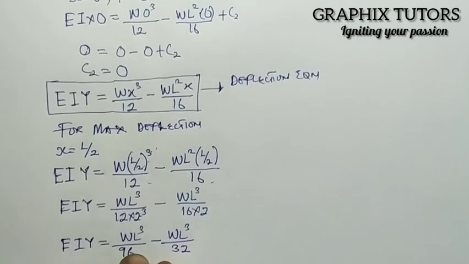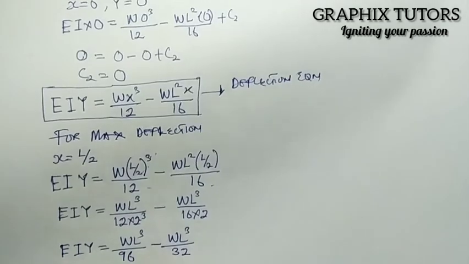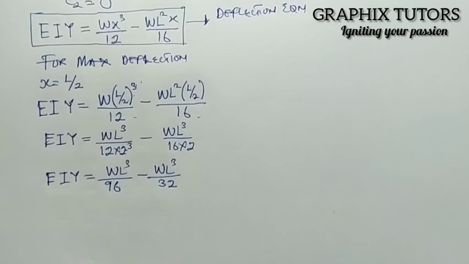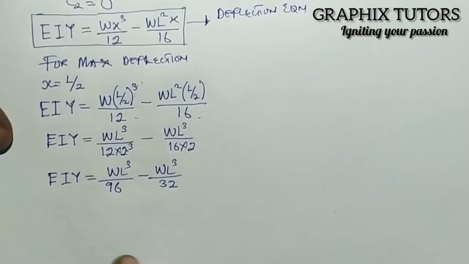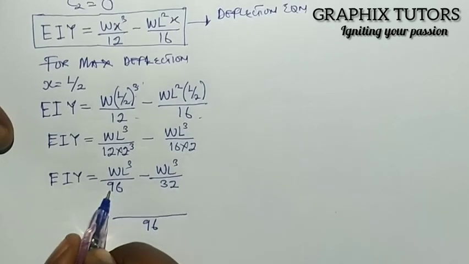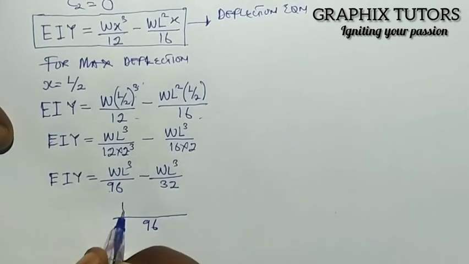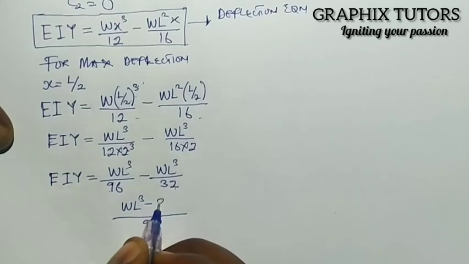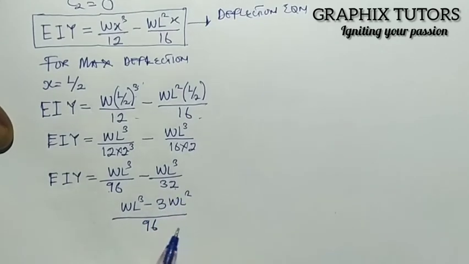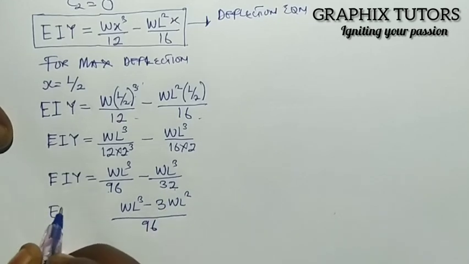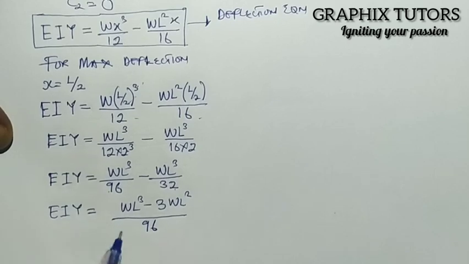So from here, the LCM is 96. 96 over 96 is 1, times wL cube gives you wL cube, minus 96 over 32 is 3, so we have 3wL cube. So that is my EI y equals to this.